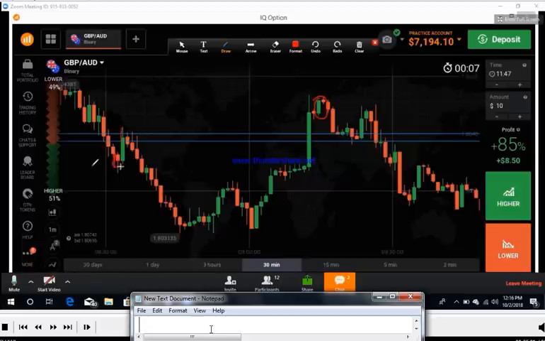If there is a spinning top instead of this red hammer candle, then buyers may break this line because sellers were weak here, right?